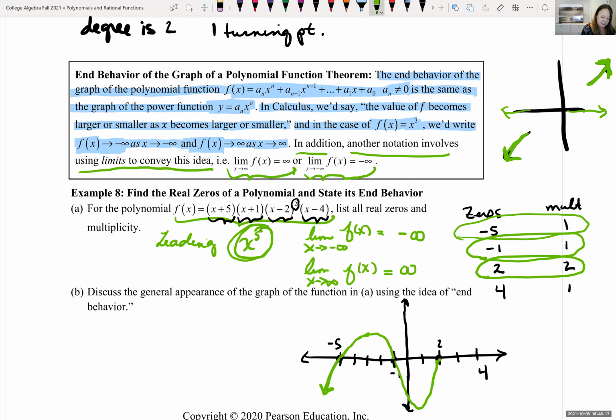Somewhere it's going to change direction in here. I don't know where. And it's going to hit x equals 4. I know that it crosses at x equals 4 because my multiplicity is odd. And my end behavior I know should be shooting upwards, which this is, as x goes to positive infinity.